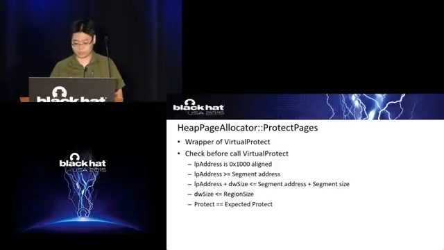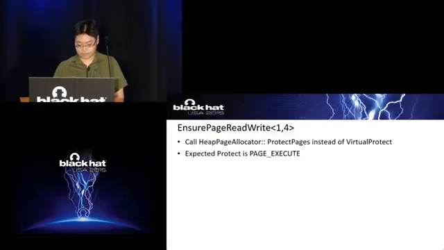The last one is the key point. This function protect pages has an argument I call the expected protect. It will check the memory region's original protect and check if it is equal to the expected protect. If it fails this check, it will raise an exception and close the program. Now let's see the ensure page read write function.